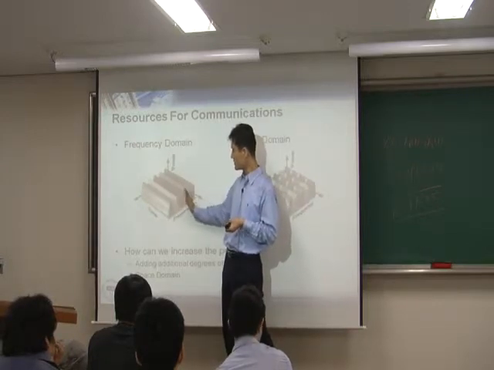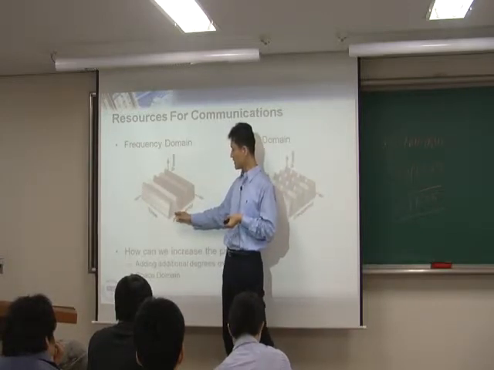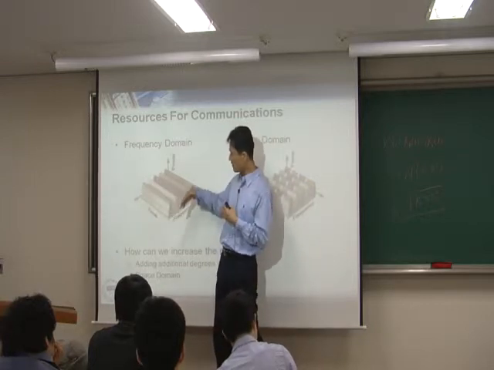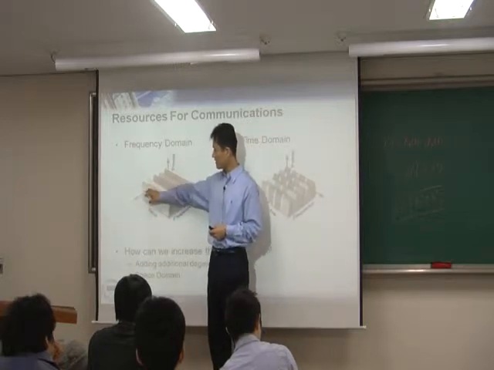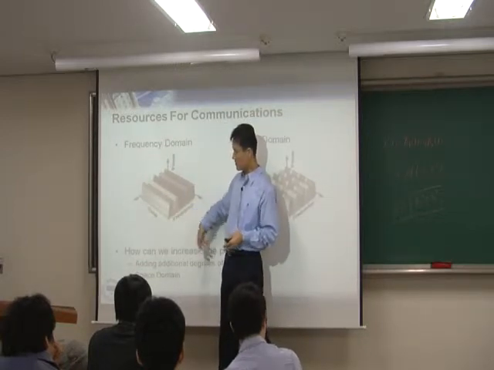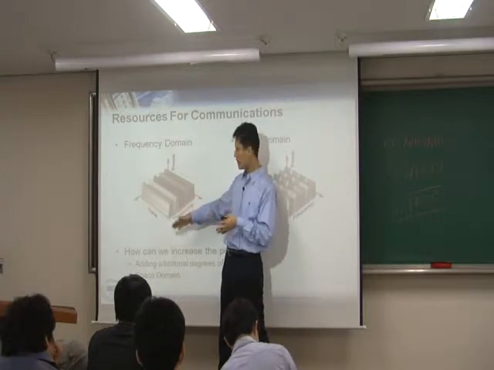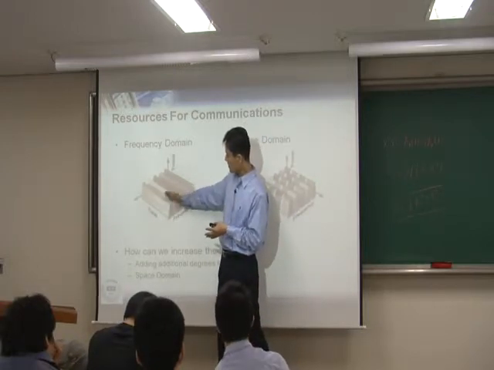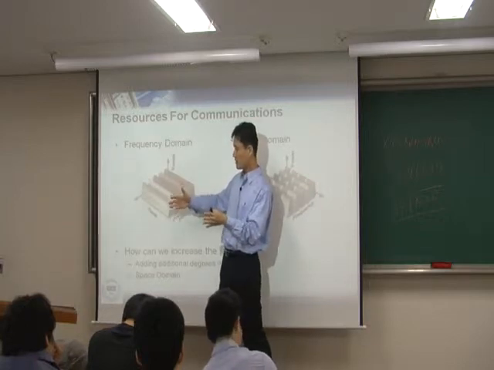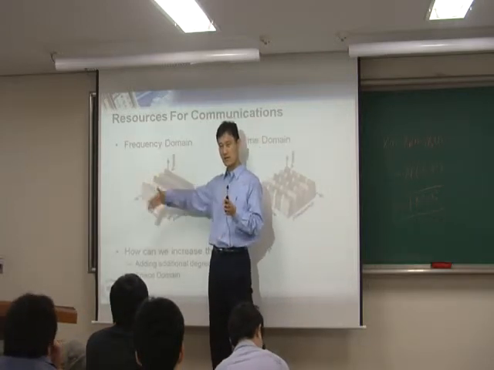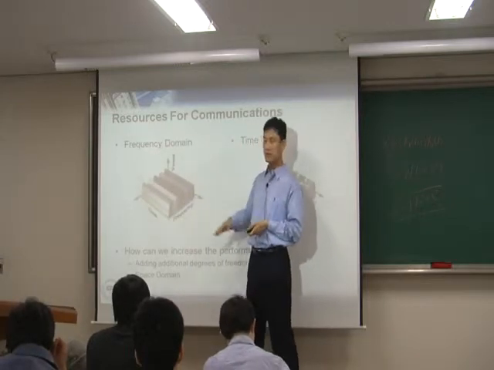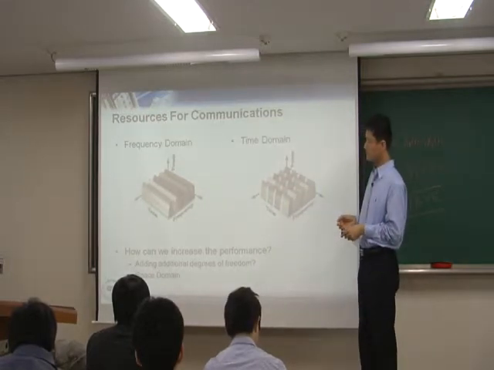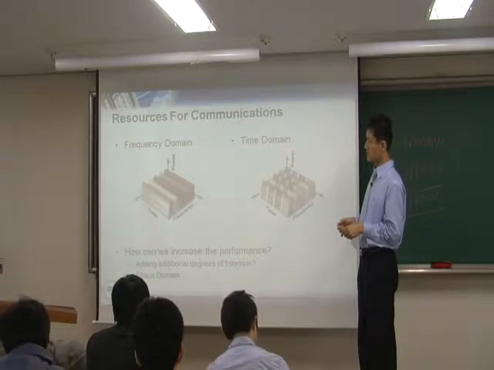If you think about the road on the street, this is going to be one lane, and if you want more traffic, you can make another lane. So if you think about maybe 4 different lanes, you have more traffic. Increase the lanes, then you have more traffic. So if you want more traffic, this is the easier way to do it. Increase the frequency band, right? In the frequency domain.